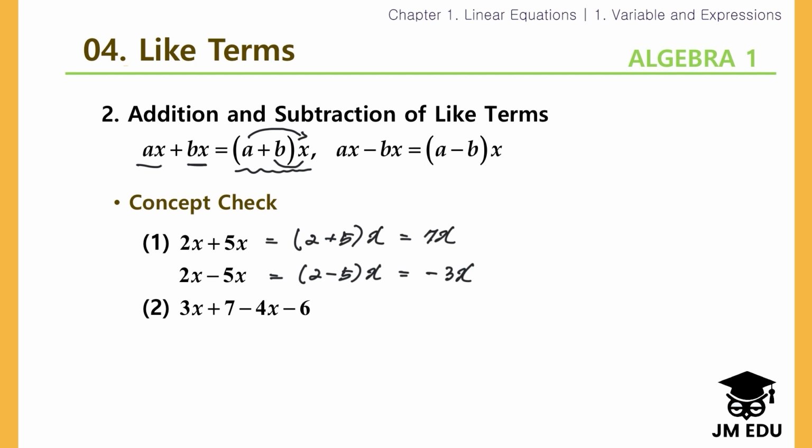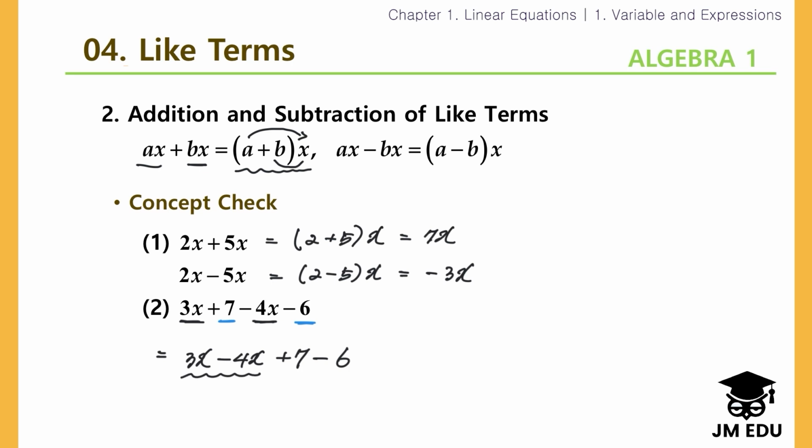Okay, number 2, we have 3x plus 7 minus 4x minus 6. In this expression, we have two x terms and two constants, two numbers, right? The first thing we have to do is group the x terms and constants separately. So we're going to rewrite this expression as 3x minus 4x plus 7 minus 6.